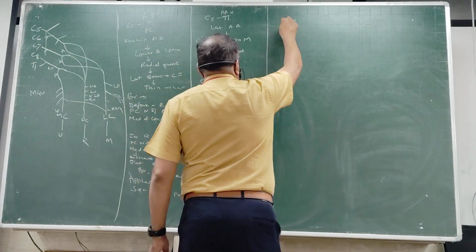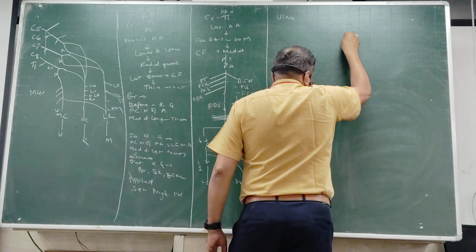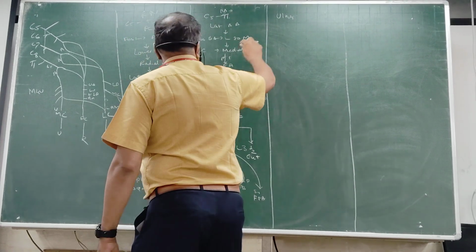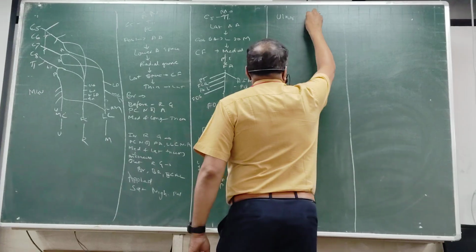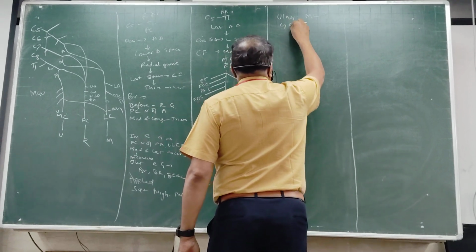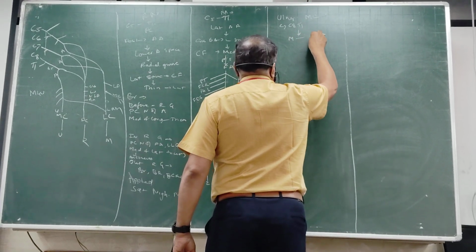Coming to the ulnar nerve. Ulnar nerve is a continuation of the medial cord. Its root value should have been C8, T1, but it is C7, C8 and T1. It is medial to the axillary artery.